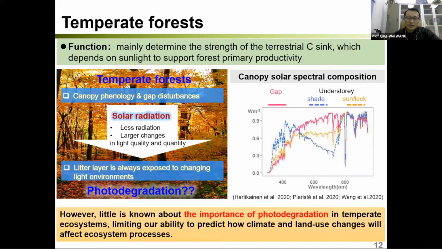Solar radiation reaching the forest floor varies greatly both in quantity and quality because of canopy phenology and gap disturbance. So this layer is always exposed to a changing light environment. However, until now, we know little about the importance of photodegradation in temperate ecosystems. It limits our ability to predict how climate and land use changes will affect ecosystem processes.